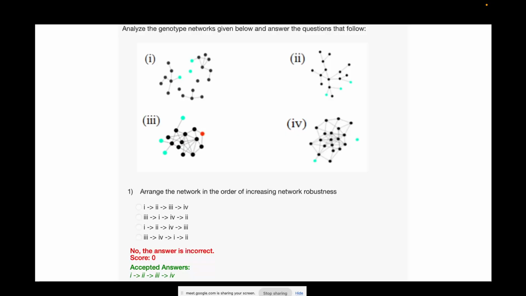For example, if you remove this particular node, you can still travel from this node to this node. But if you remove this node in between, you cannot travel from this node to this node. So basically, the idea is the more connected you are, the more alternative paths you have, and the more robust your network will be.